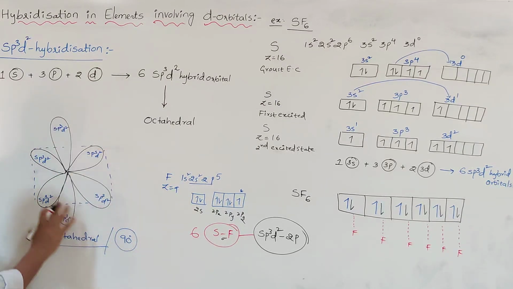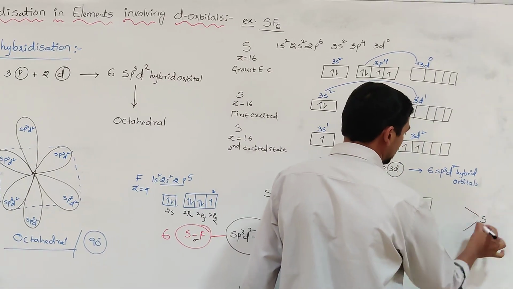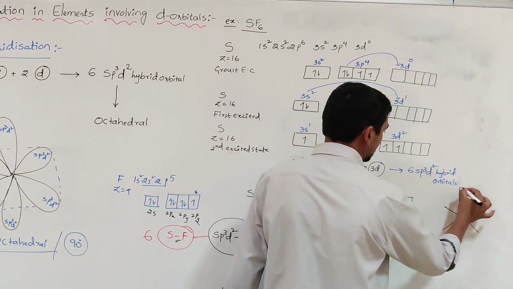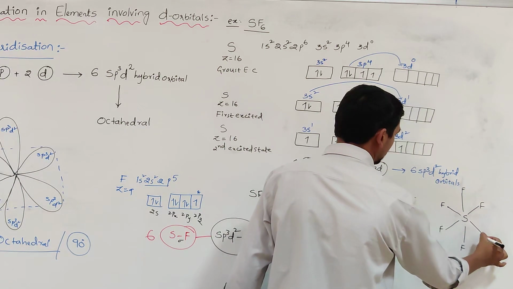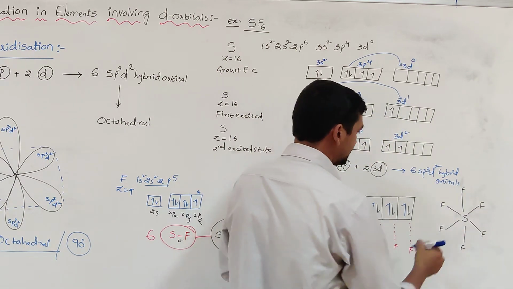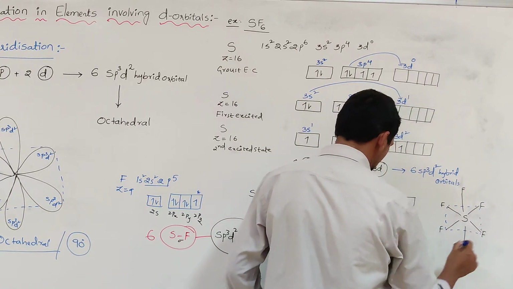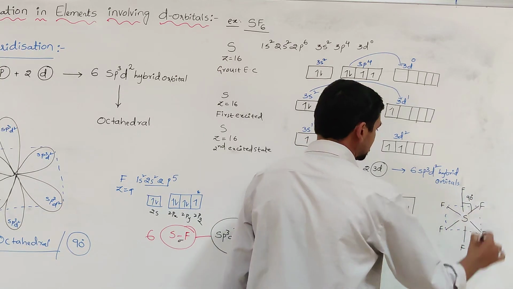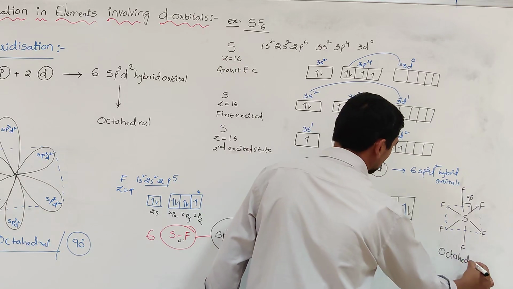So simply, the sulfur is connected to the 6 fluorines in octahedral shape. The bond angle, as I said just now, is 90 degrees. Any bond angle is 90 degrees. This is the shape of an octahedral molecule.